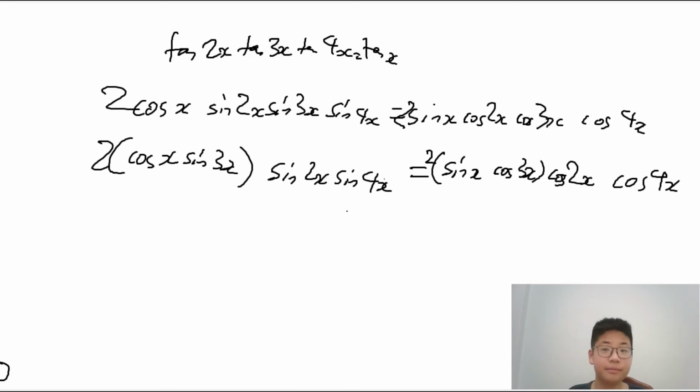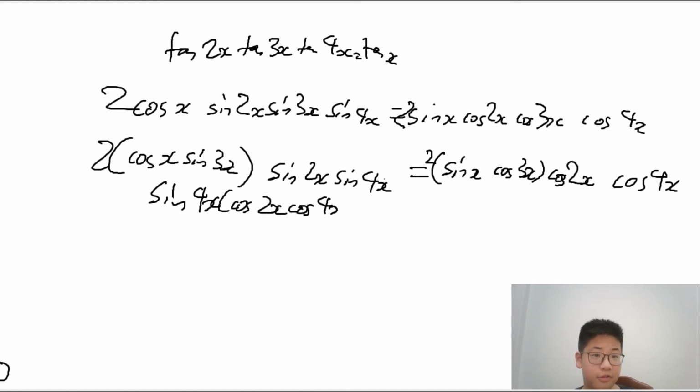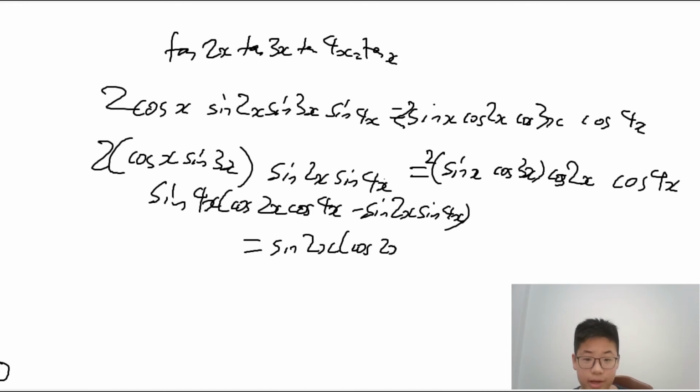And then we expand to get sine 4x cos 2x cos 4x minus sine 2x sine 4x equals sine 2x cos 2x cos 4x plus sine 2x sine 4x.